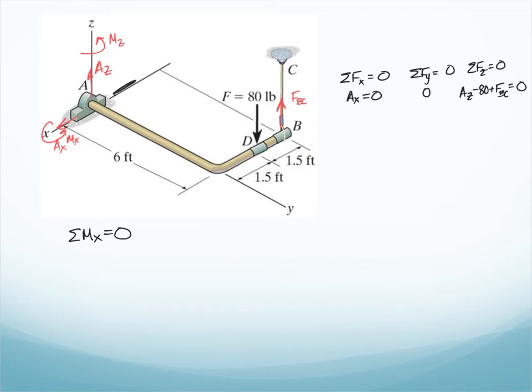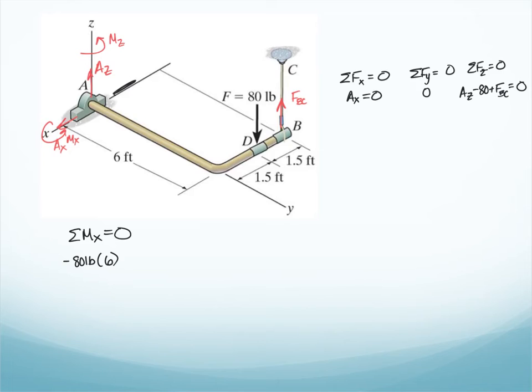The 80-pound force, as it's pushing downward, would cause a clockwise rotation about the x-axis. So I would have minus 80 pounds, and that force is 6 feet from the x-axis, so that's the moment arm.